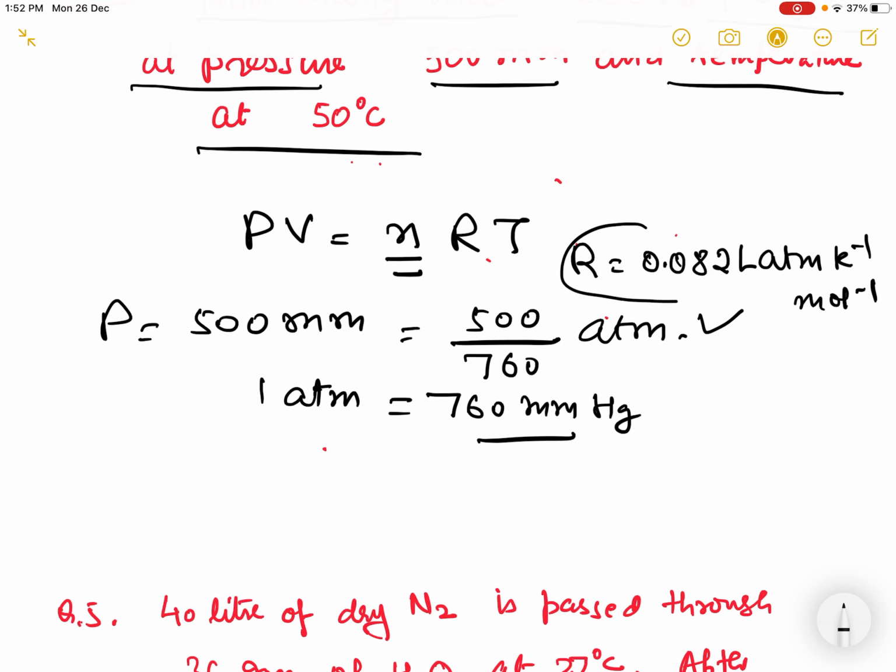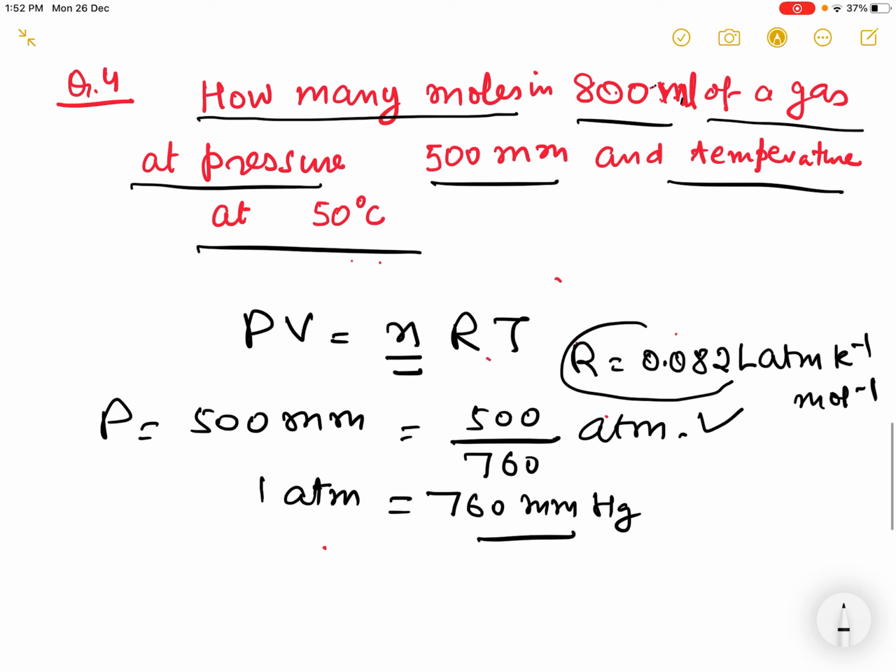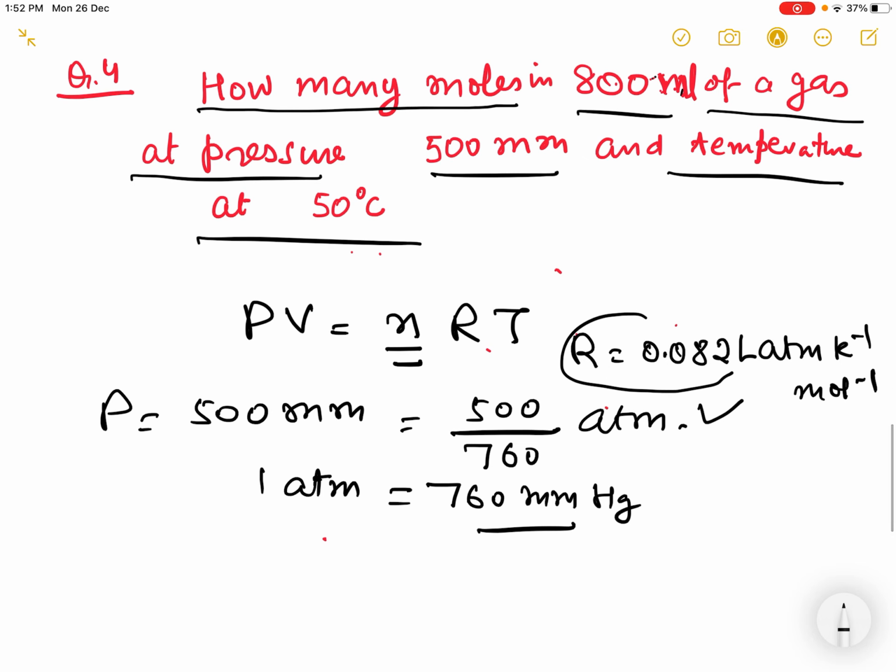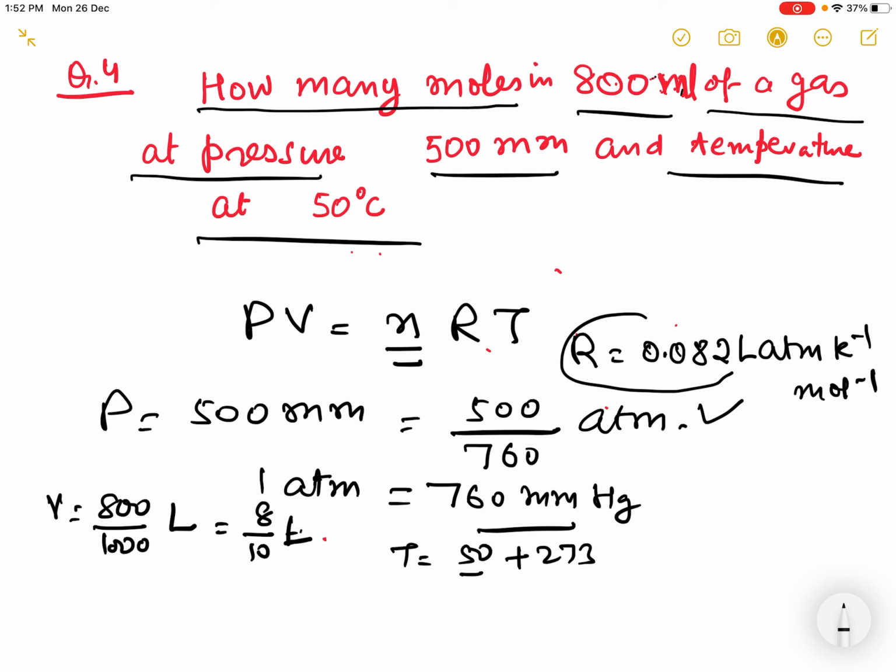This is the value of R, and V is 800 milliliter, and we convert it into liter, then it is 800 divided by 1000 liter, which is equal to 8 by 10 liter, and temperature is 50 degrees Celsius, 50 plus 273, converted into Kelvin, and this comes 323.